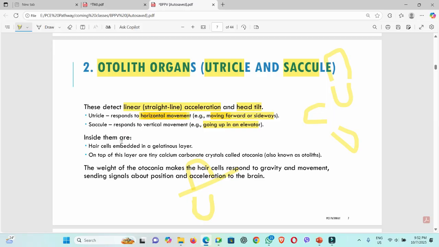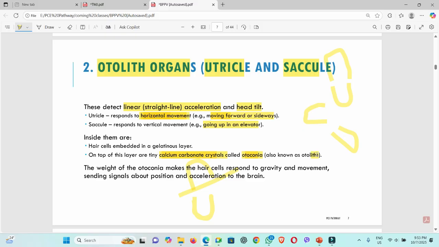Inside them are hair cells embedded in a gelatinous layer, just like cupula. On the top of this layer are tiny calcium carbonate crystals called otoconia. So the otolith organs have calcium carbonate crystals called otoconia, also known as otoliths.